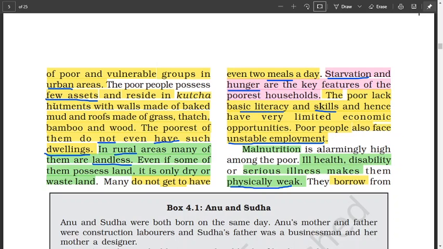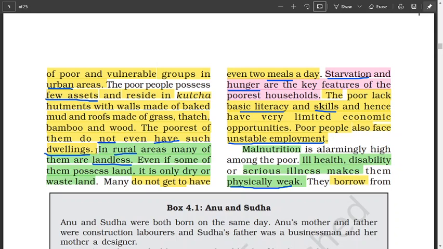Their house may be kacha hutments with walls made of baked mud and roofs made of grass, thatch house, bamboo house, or wood. Those are the homes for these poor people, those who are lucky ones. The poorest of them do not even have such dwellings. You can find them on footpaths sleeping at night. You can find them under the bridge, is it not? So those are people who are among the poorest.